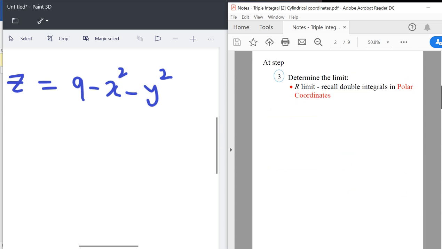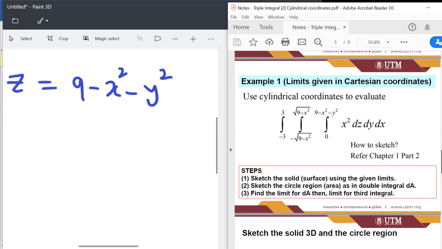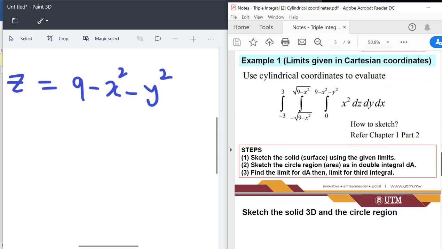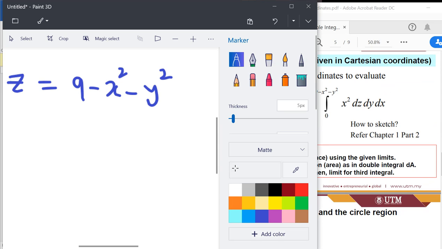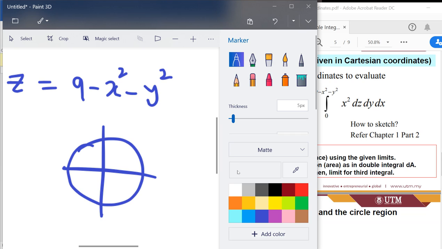After you get the shape, we decide the bottom on x and y.